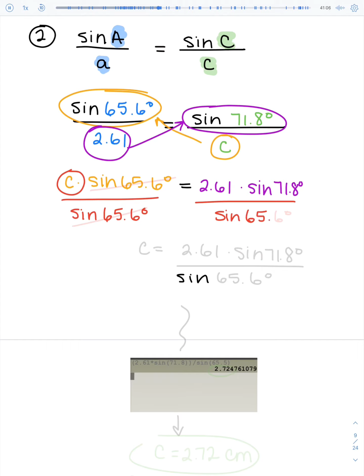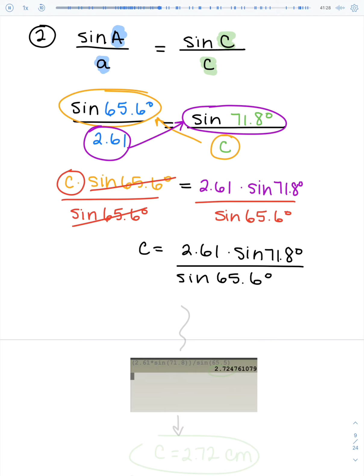And what that will now give us is that side C is equal to 2.61 times sine of 71.8 degrees over sine of 65.6 degrees.